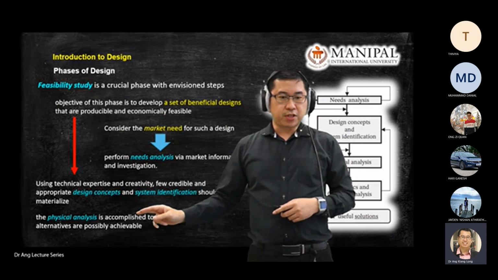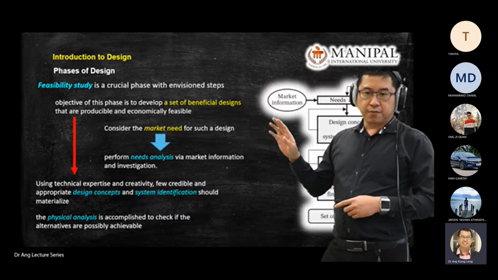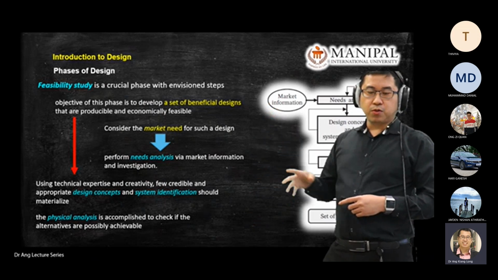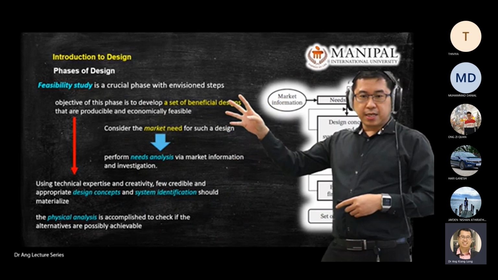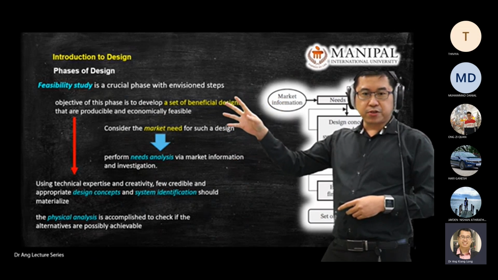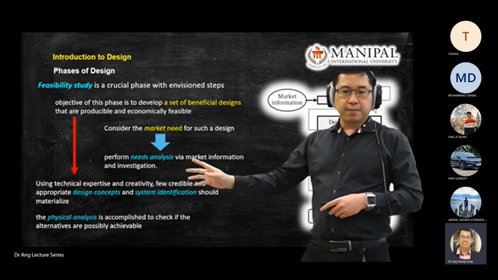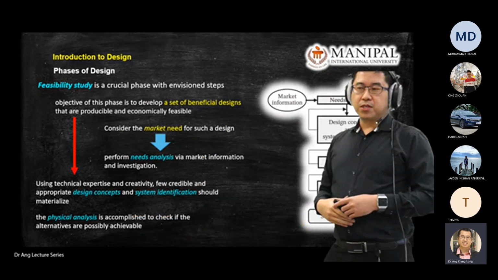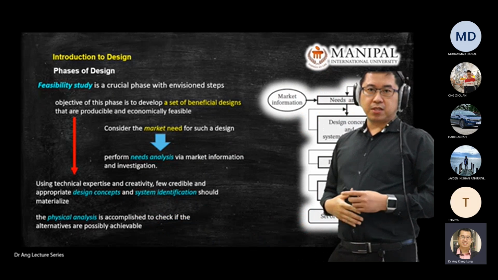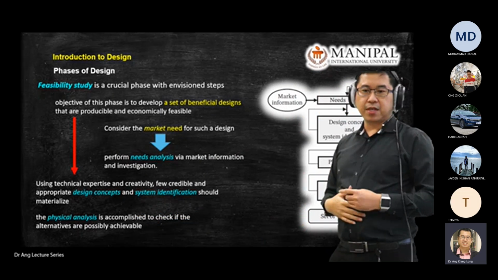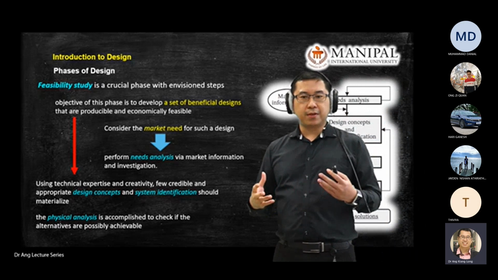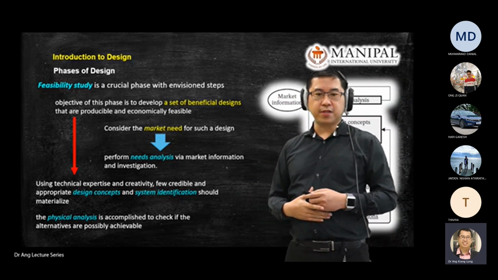Later on you will conduct physical analysis. Let's say you want to design a car. If you're in the car manufacturing industry, you will do physical analysis, meaning you will buy the competitors' products and dismantle them, and look at the strengths and weaknesses of their design.